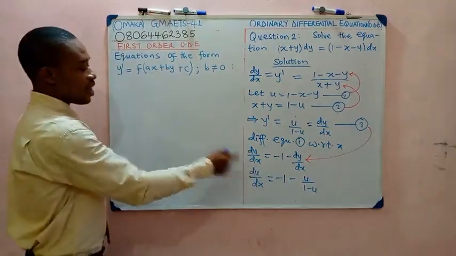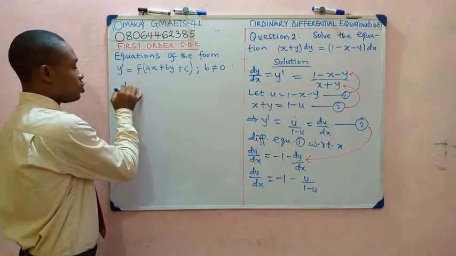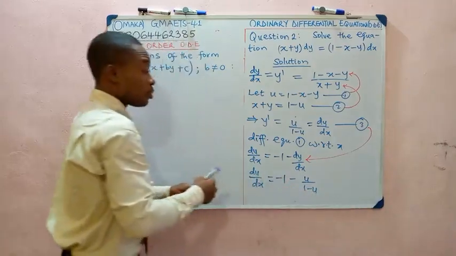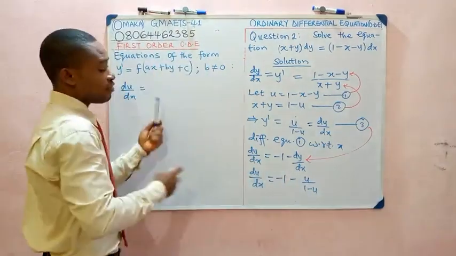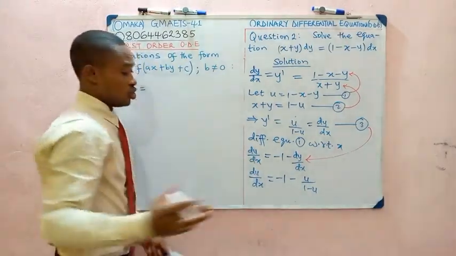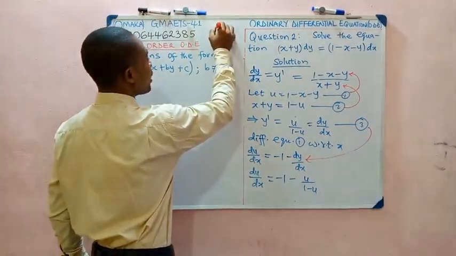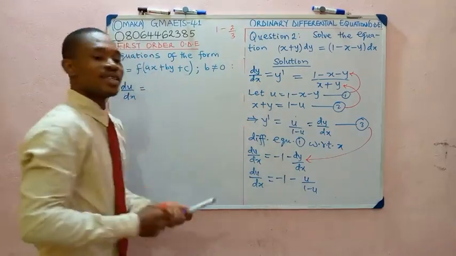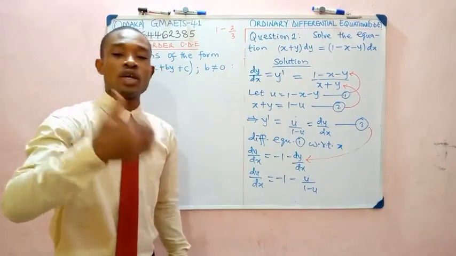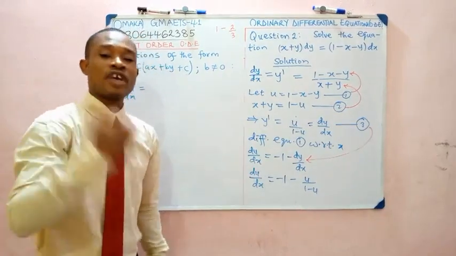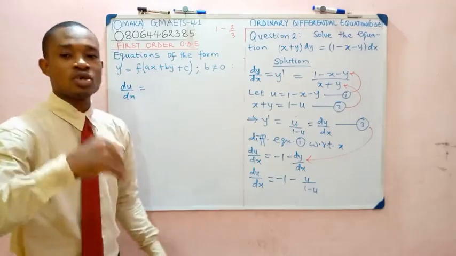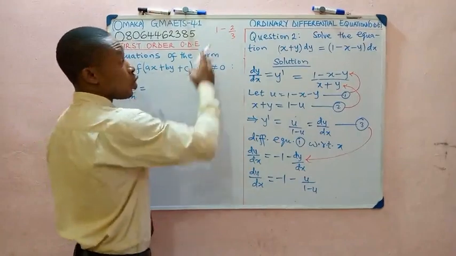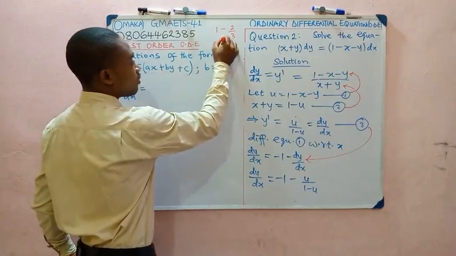We can simplify the right hand side further. See that du over dx will be equal to, we're going to use LCM and work out this, but before I do that, let me show you something very nice you can use. Is that okay? If you have something like 1 minus, let's say 2 over 3, that is to say adding or subtracting a whole from a fraction, or a fraction from a whole, the fastest thing to do when handling the LCM is use the denominator to multiply the whole number. 3 times 1 will give us 3.